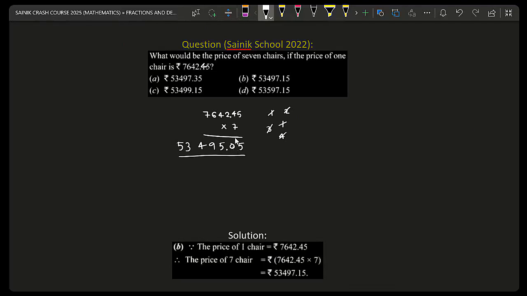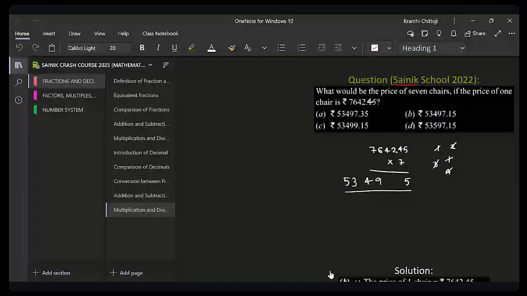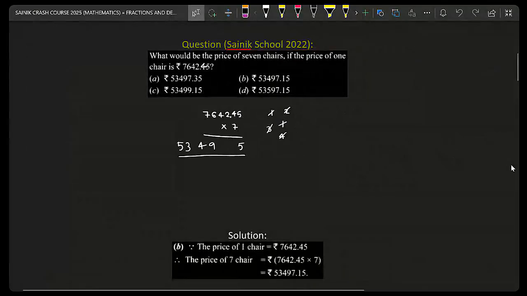So I'll be getting 31, 1, 3 carry, and you'll be getting 7.